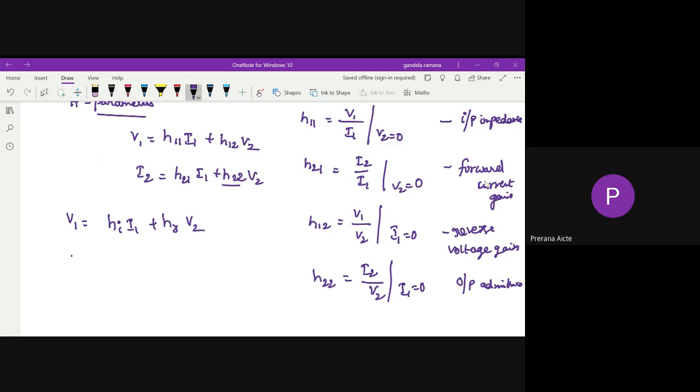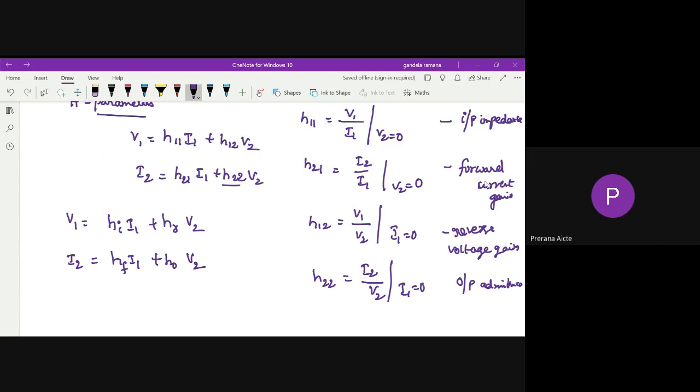In the same way, I2 is equal to H21, the forward current gain, the first letter F, HF I1, plus H22, which is output admittance, HO V2.